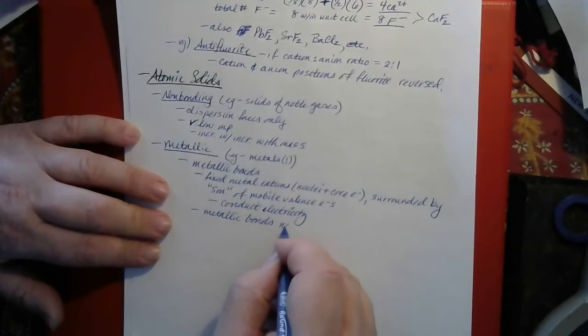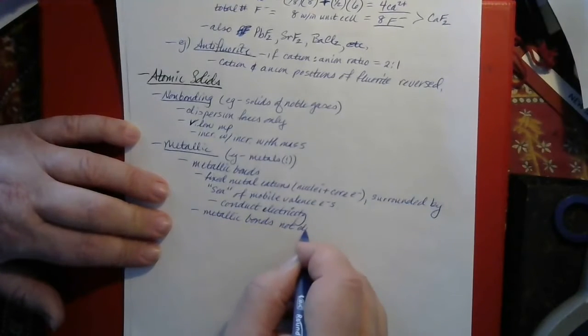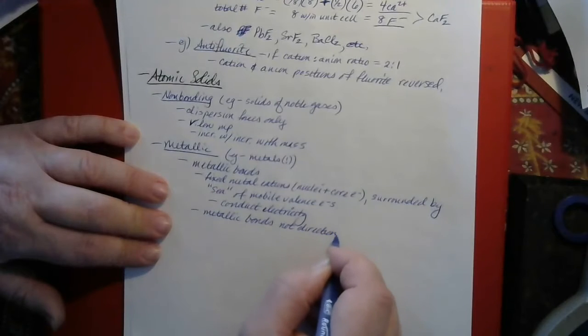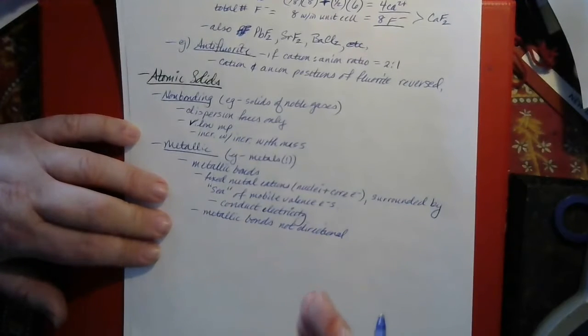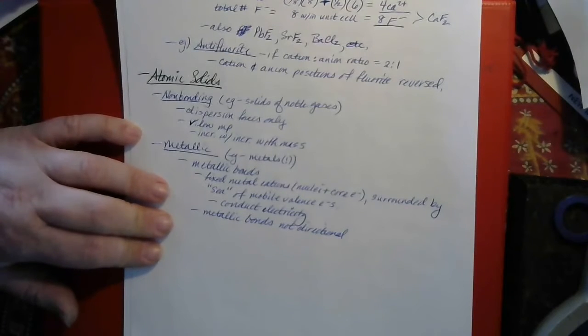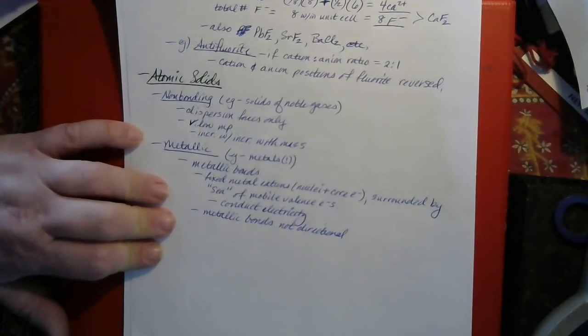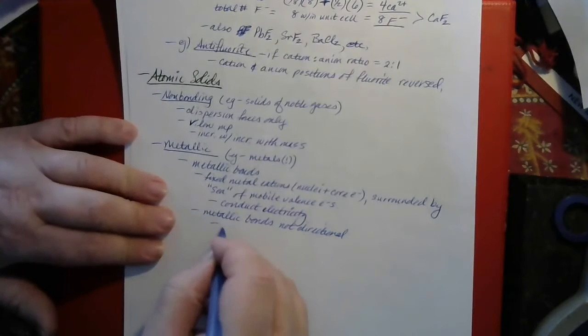Metallic bonds are not directional, which means one atom can be attracted to several others in every direction.